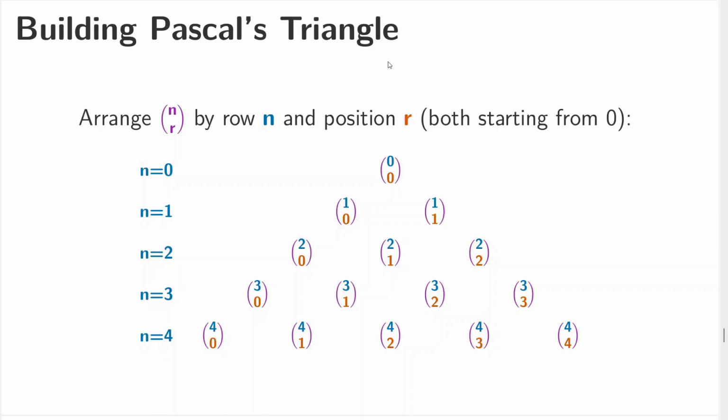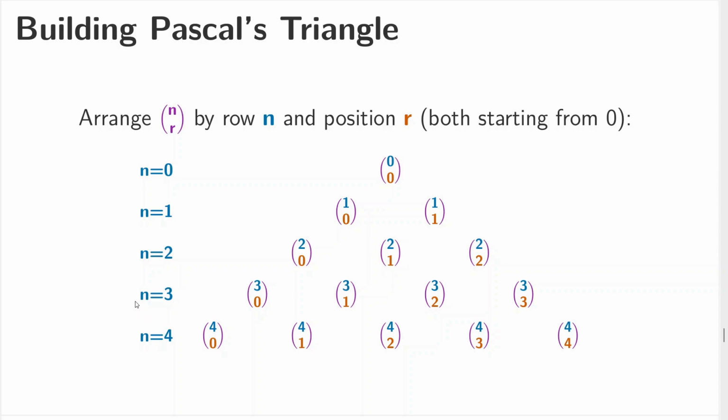We can arrange all our combinations by row n and position r, with both starting from 0. At the very top, for row n equals 0, we simply have 0 choose 0. Moving down to row n equals 1, we have 1 choose 0 and 1 choose 1. The next row, n equals 2, gently holds 2 choose 0, 2 choose 1, and 2 choose 2.